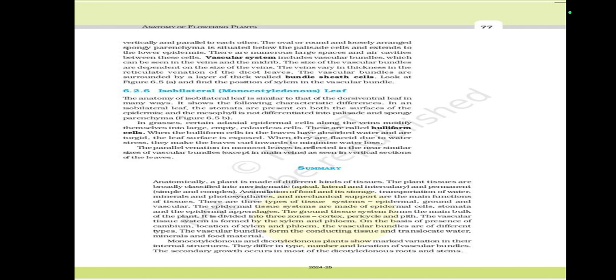Summary: anatomically, the plant is made of different kinds of tissues. The plant tissues are broadly classified into meristematic, apical, lateral, and intercalary, and permanent tissues. The main functions of tissues are photosynthesis, transport of minerals, and mechanical support.